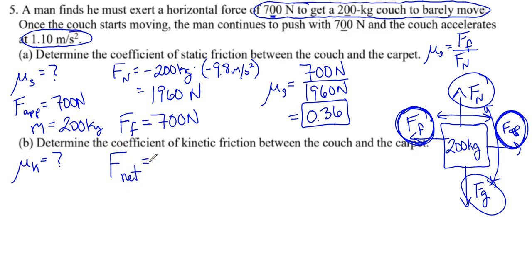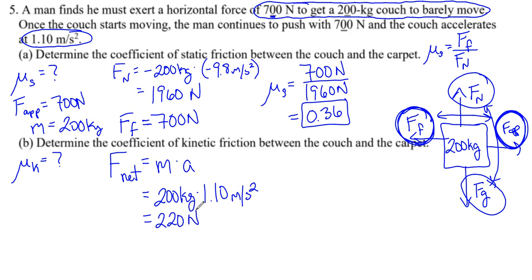Okay, so the net force, of course, is equal to mass times acceleration. The mass is 200 kilograms times the acceleration, which is 1.10 meters per second squared, which gives us a net force of 220 newtons.